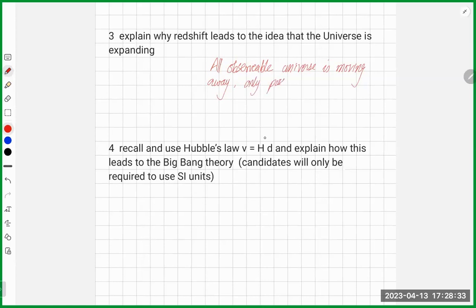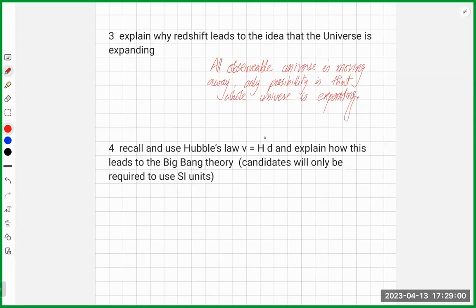The only possibility is that the whole universe is expanding. This whole universe is expanding.